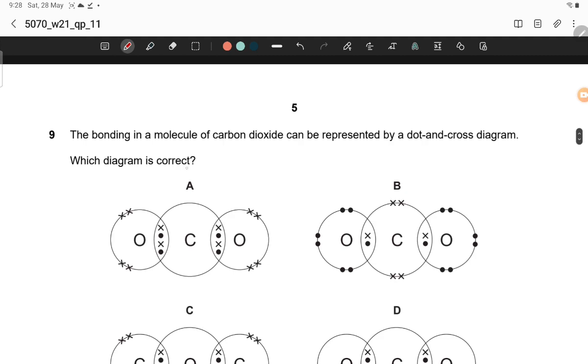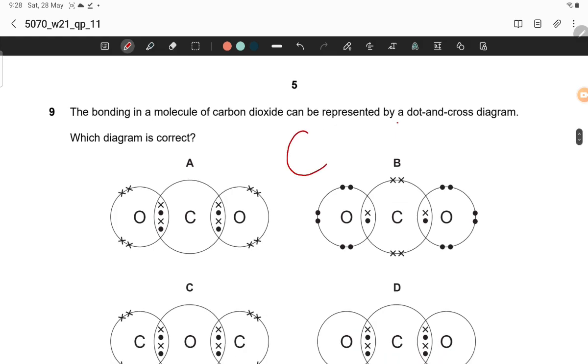Question number 9. The bonding in a molecule of carbon dioxide can be represented by a dot and cross diagram. Which diagram is correct? Carbon has 4 electrons in its valence shell. Oxygen has 6 electrons in its valence shell, so oxygen needs 2 electrons.